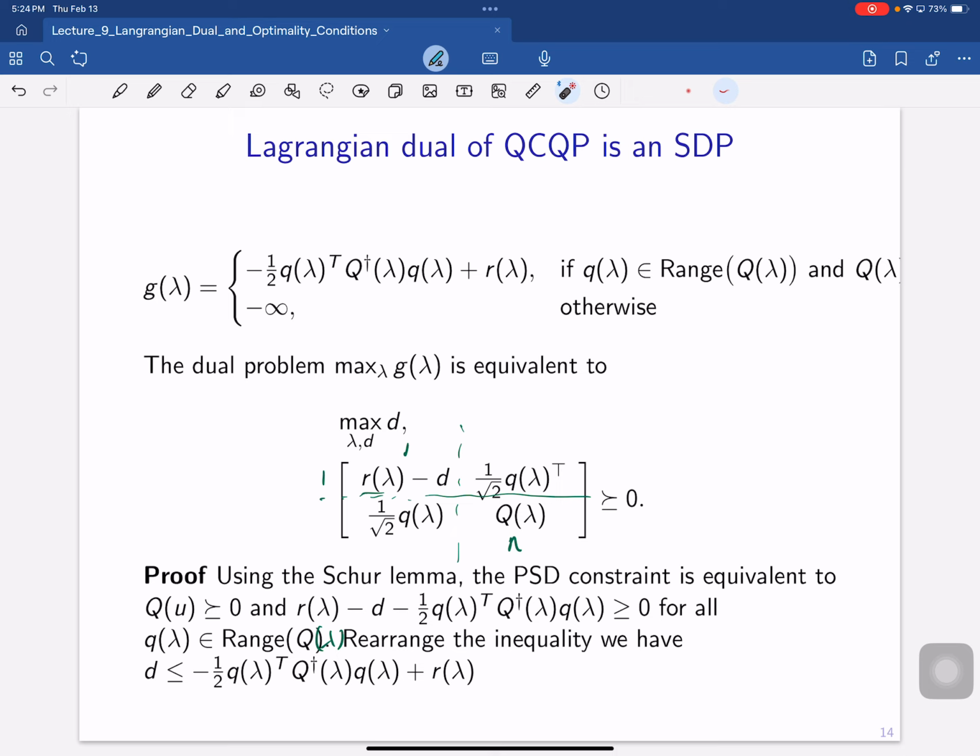Okay, you can try to rederive this yourself, just looking at the notes and see how you derive this Lagrangian dual of the QCQP, and it is surprisingly equivalent to a semi-definite program. Right? So that's one of the reasons people care about semi-definite programs, because QCQP is a very general class of problem, right?